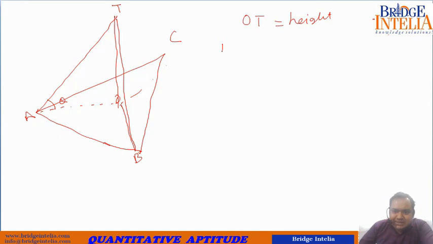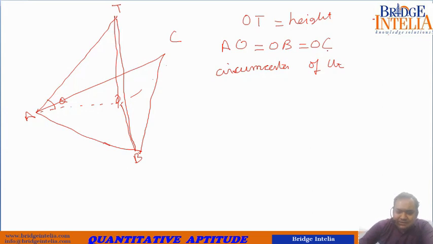So basically it means that the distances between the base of the tower and the observers are the same. That means AO must be equal to OB must be equal to OC. That means O must be a point which is equidistant from all the three corners. Such a point, as you are well aware, is nothing but the circumcenter of the triangle.